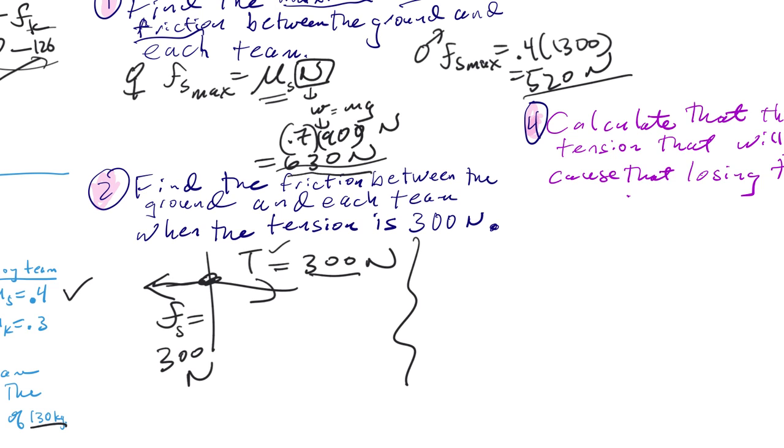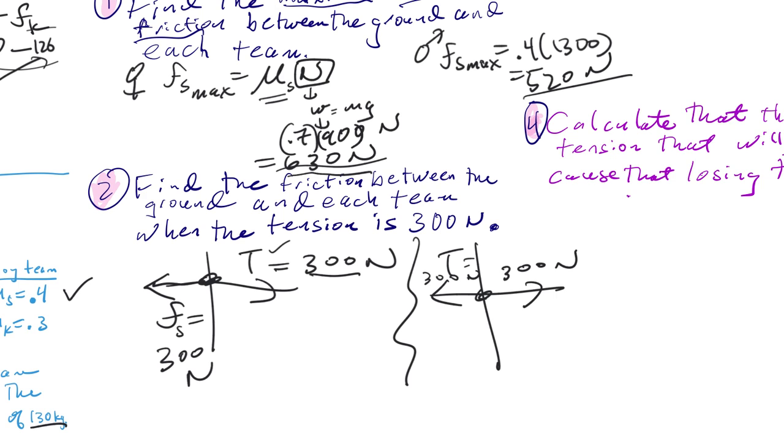The boys' team, the tension's pointing that way, same tension, 300. The boys' team can fight that up to 520, so the boys' team will have 300 newtons that way as well.